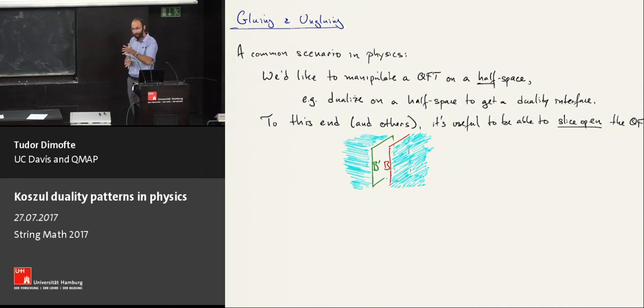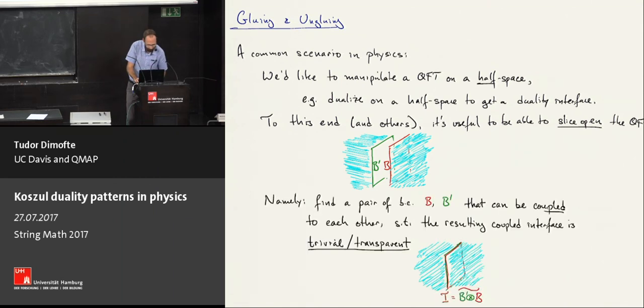To analyze those degrees of freedom, you want to split the theory up, dualize half along with the boundary condition, and then glue it back together, and just canonically see what you're left with on those boundary conditions. So it's incredibly useful to be able to cut and glue like this.